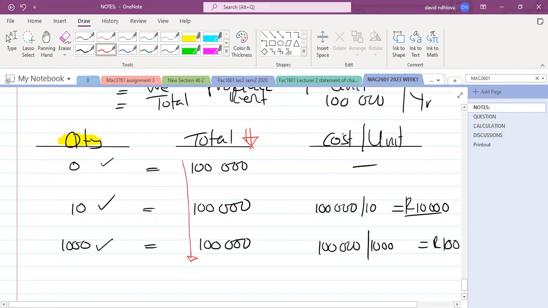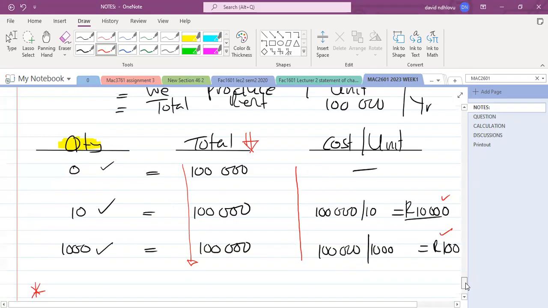There is, however, a principle that we have also noted. As we produce more units, the cost per unit now gets to what? Decrease. So this is a salient feature of fixed cost.